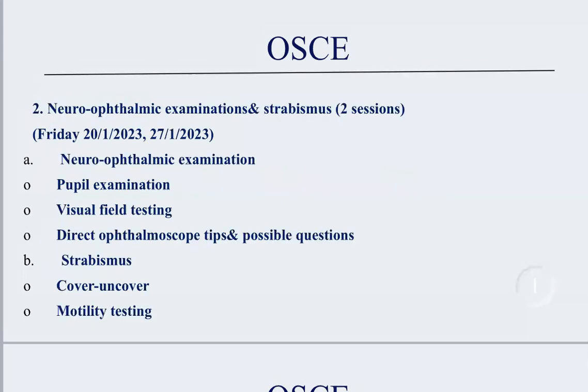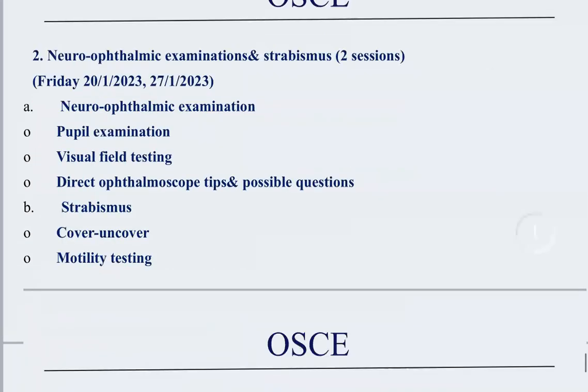The OSCE will be every Friday. The second one is neuro-ophthalmic examinations and strabismus, given in 2 sessions. Neuro-ophthalmic examination covers pupil examination, visual field testing, direct ophthalmoscope tips, and possible questions. The second is strabismus: cover, uncover, and motility testing with the relevant questions and possible cases.